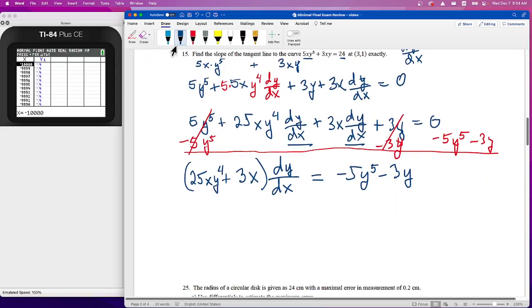Then all I need to do is divide both sides by this term here, right?